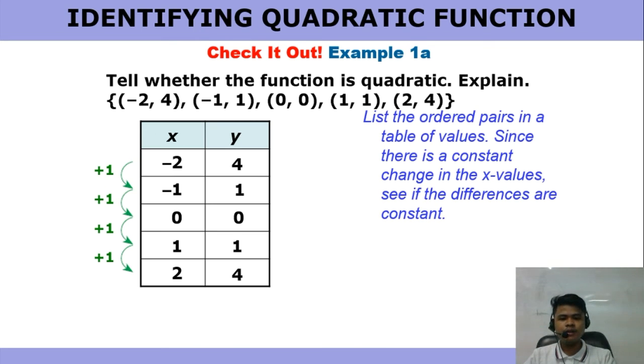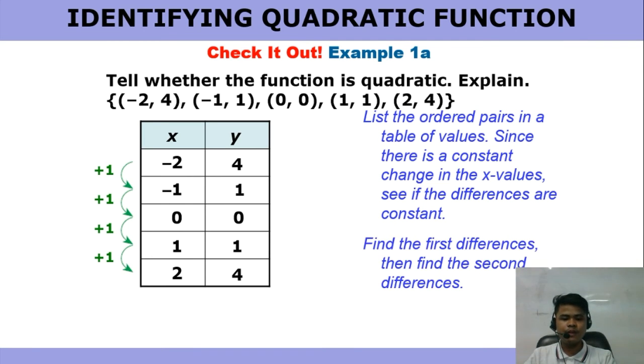List the ordered pairs in the table of values. Since there is a constant change in x values, see if the differences are constant. Find the first differences, then find the second differences.